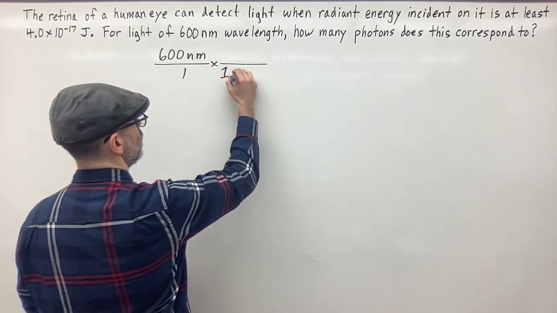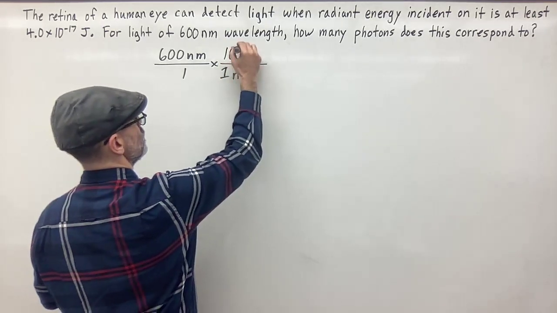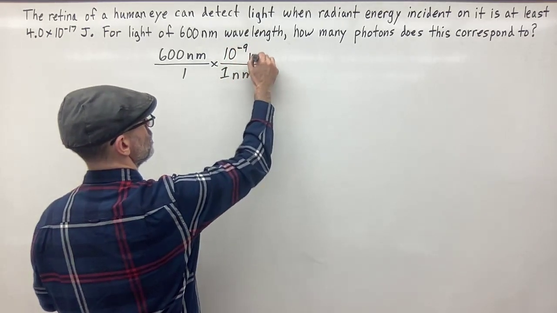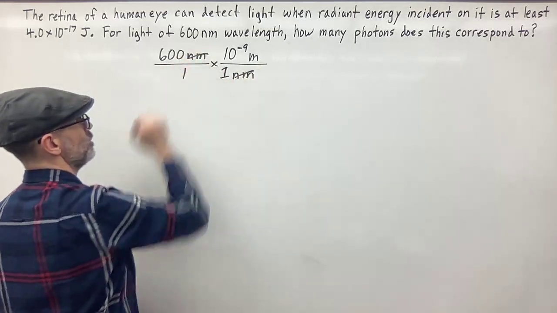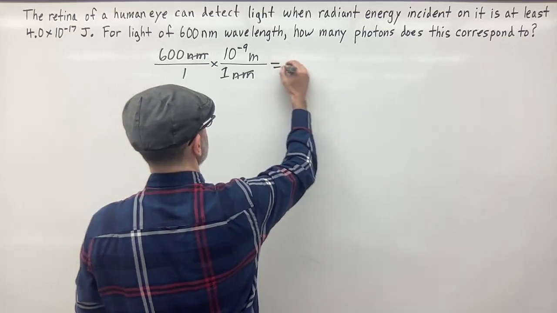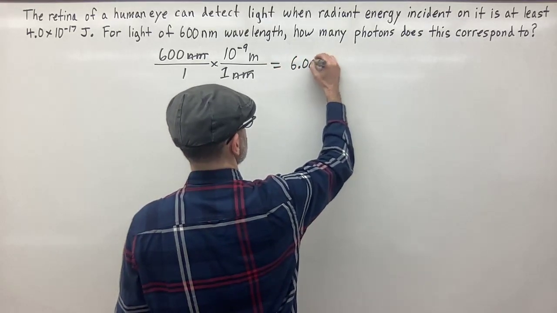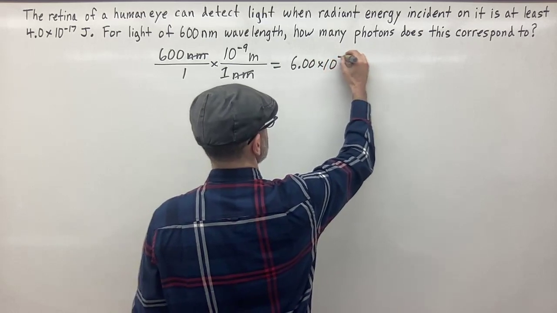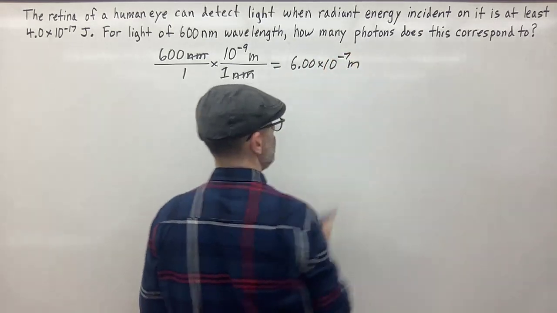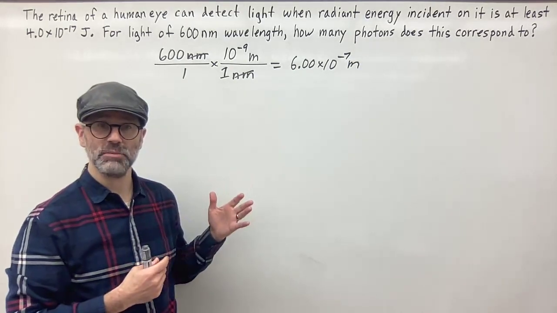I'm going to put 1 nanometer on the bottom and 10 to the negative 9 meters on top. Nanometers cancels out, now I have meters. When I calculate this, I get 6.00 times 10 to the negative 7 meters. So now I have my wavelength in meters.